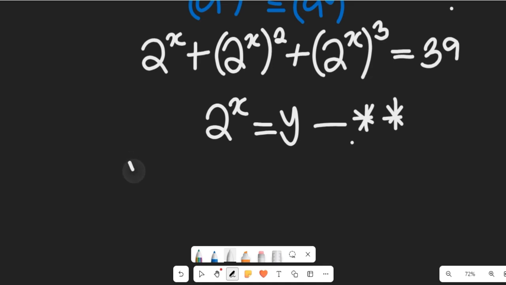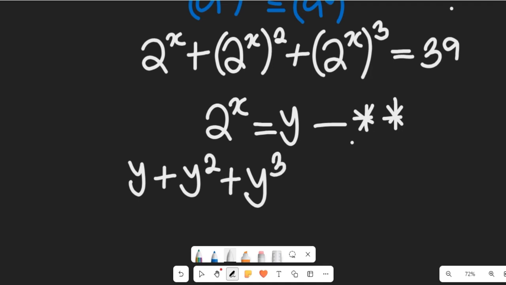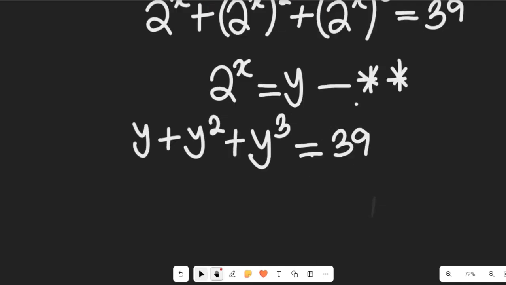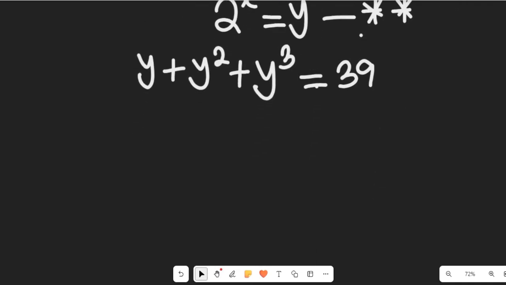So this expression becomes y plus y squared plus y cubed, and this will be equal to 39. Great. Now, how do we simplify this in order to get the values for x?